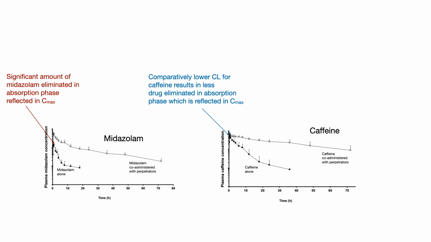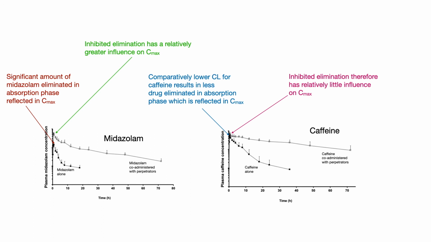Some of it is, but relatively little compared with midazolam, and so that is also reflected in the Cmax. And when you inhibit the clearance, which is a relatively low number anyway, it doesn't have that much effect on the Cmax compared to what it does with midazolam. So you get that change because of the greater value of clearance for midazolam.